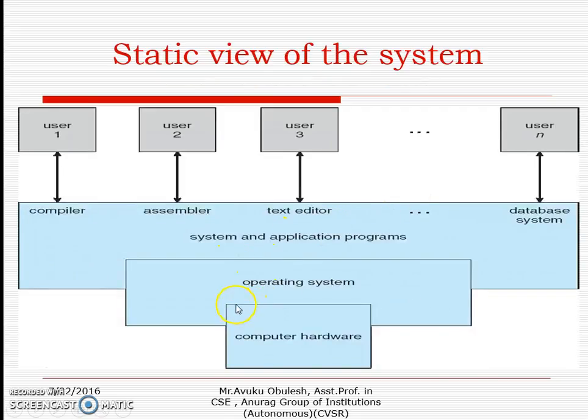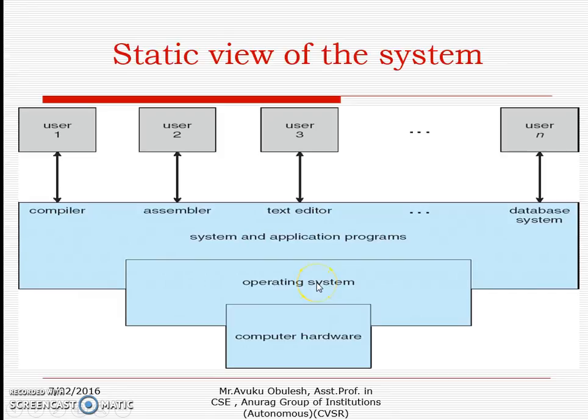This is a basic static view of the system. All the users are communicating with the computer hardware through many layers. One of the layers is the application programs. First of all, users make a request through an application program. That request is received by operating system.